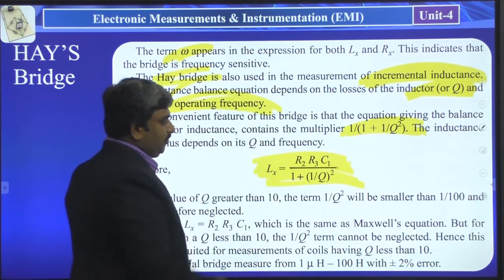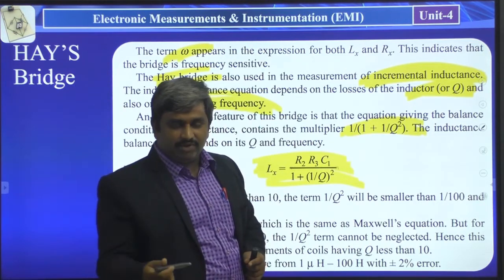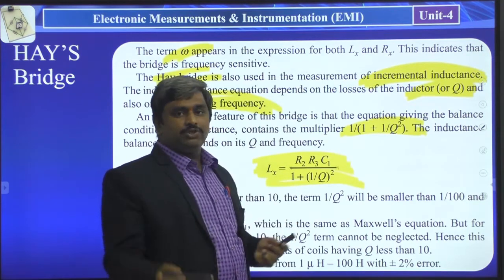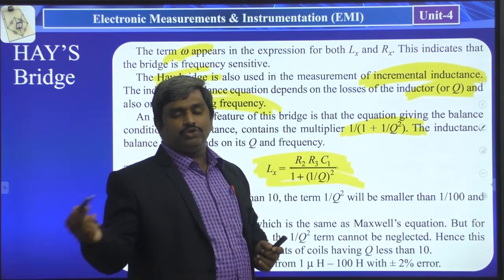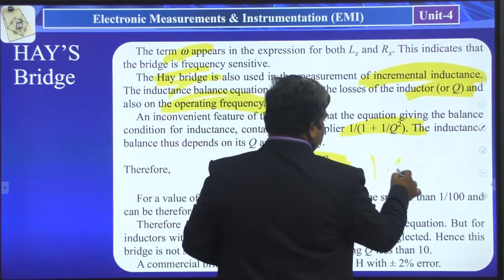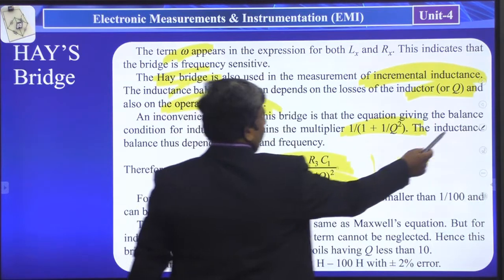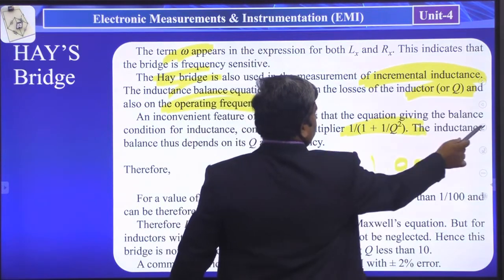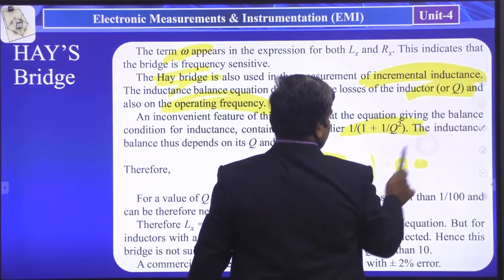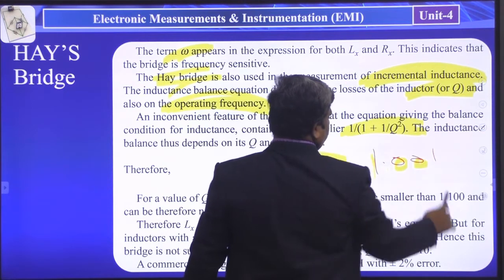So we can neglect this value 1 by Q square. 1 by 10 square is equal to 1 by 100 is equal to 0.01. So 1 plus 0.01 equals 1.01.